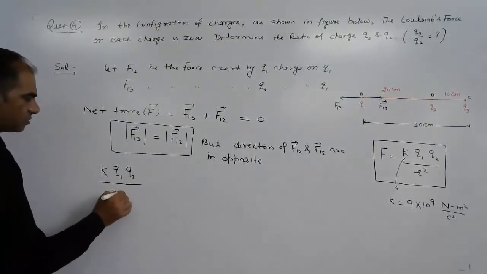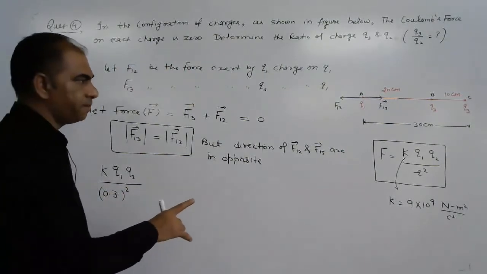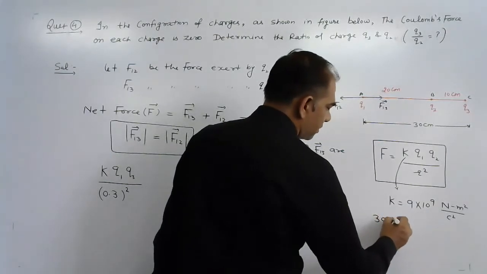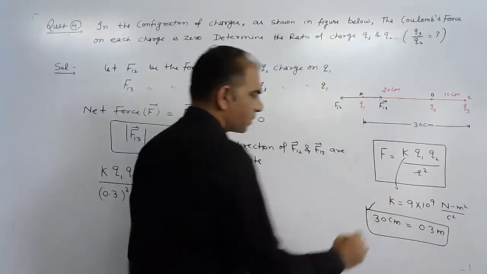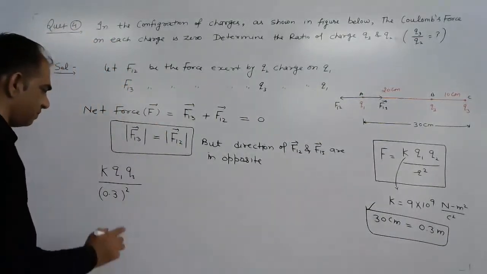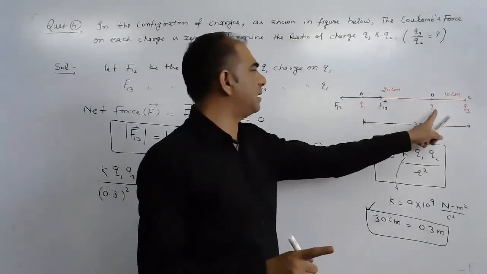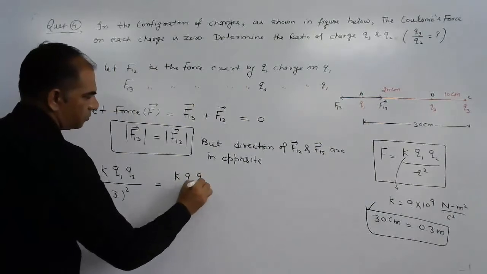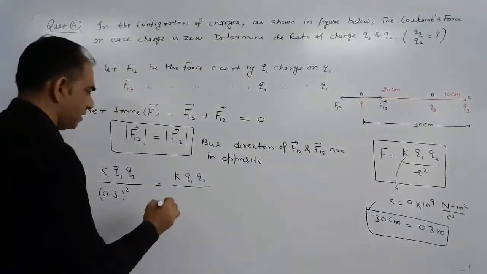Here we write 0.3 square. We convert into meter. Keep in mind 30 centimeter is equal to 0.3 meter. This is the conversion. Here the unit is given in the CGS system, and we convert it into the SI system. This is equal to the force between Q1 and Q2. So the force is K Q1 Q2 upon the distance between them. Q1 and Q2 are separated by 20 centimeter.